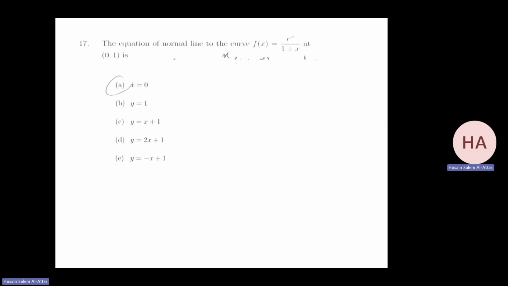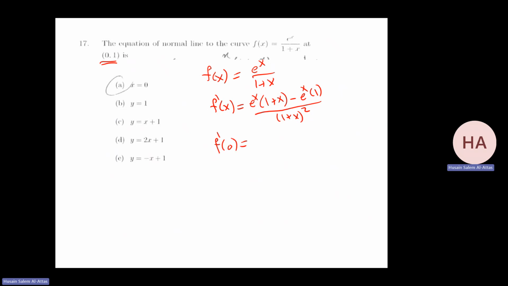The equation of the normal line for this function. Okay, f of x equals e to the power x over 1 plus x at this point. Differentiate: I have e^x times (1 plus x) minus e^x times 1, over (1 plus x) squared. What will be f prime at 0? E to the power 0 is 1, times 1 minus 1, over 1 plus 0, which is 0.